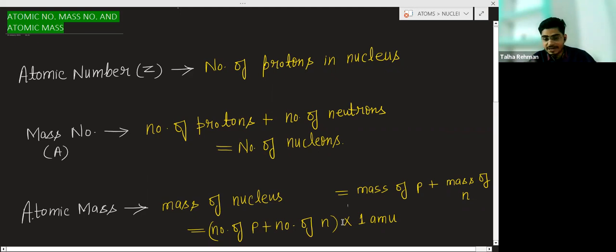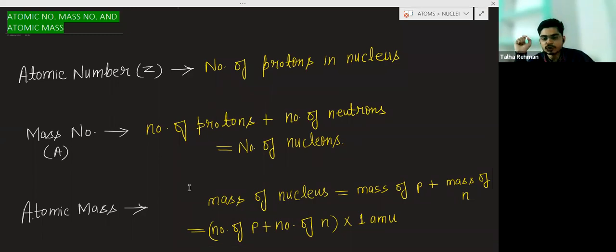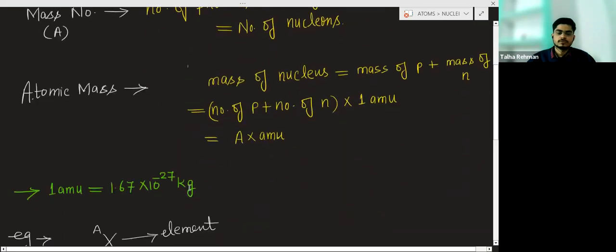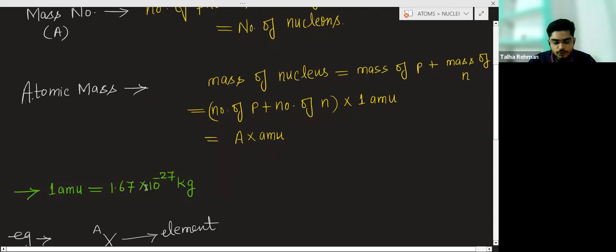We consider the mass of the atom as the mass of the nucleus, that the entire mass of the atom is concentrated at the nucleus. One AMU is equal to 1.67 times 10 to the power minus 27 kg.